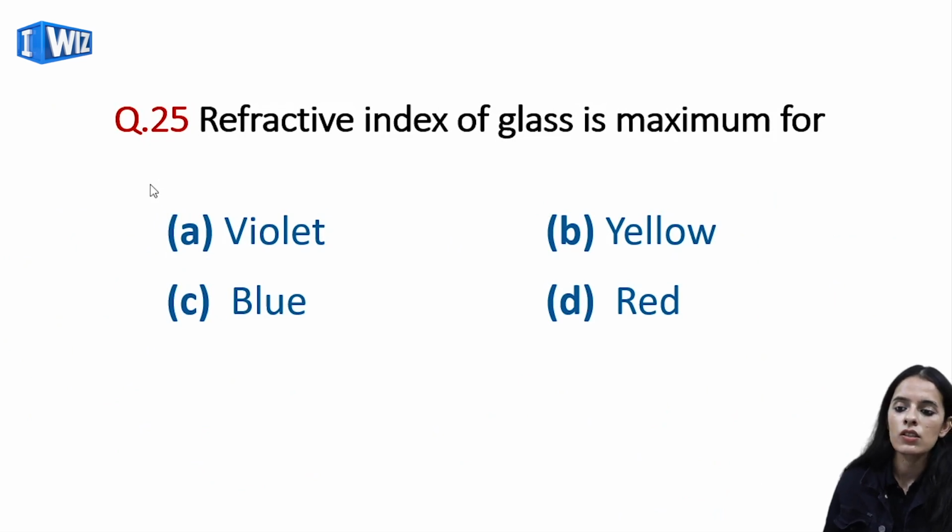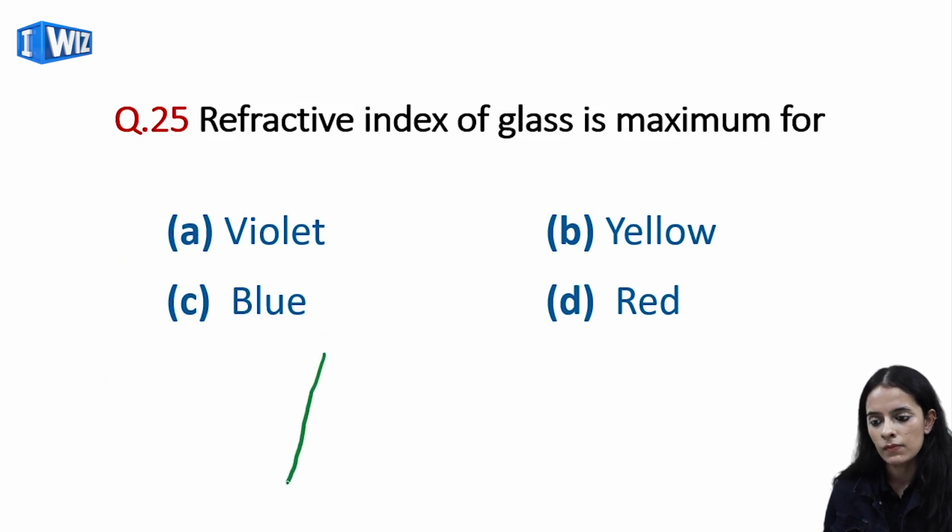Refractive index of glass is maximum for which color? Before that, you should know one thing. Let's take a triangular surface whose two planes are refracting. So Newton did one experiment.